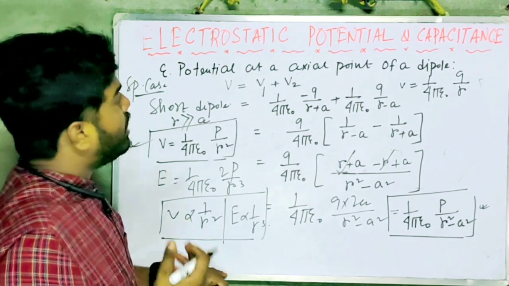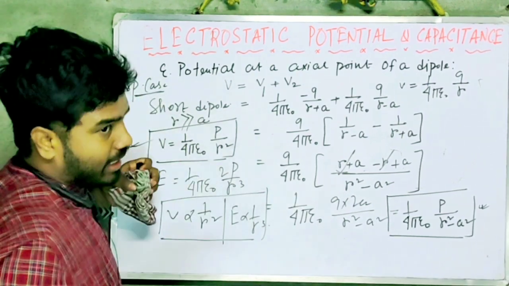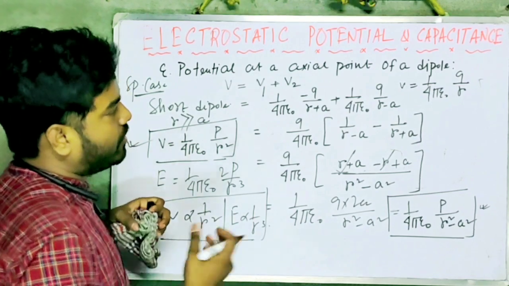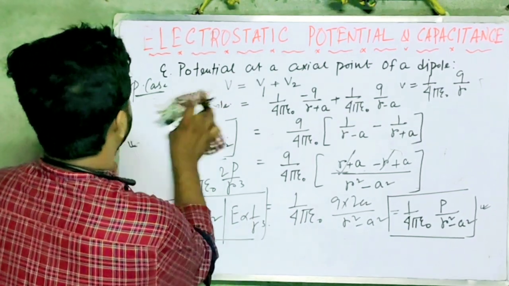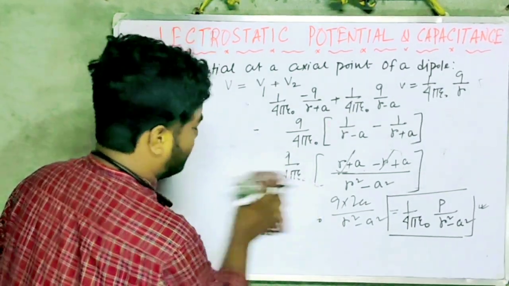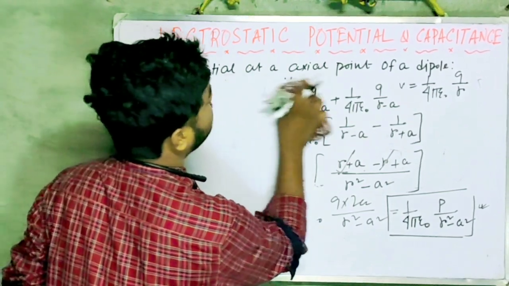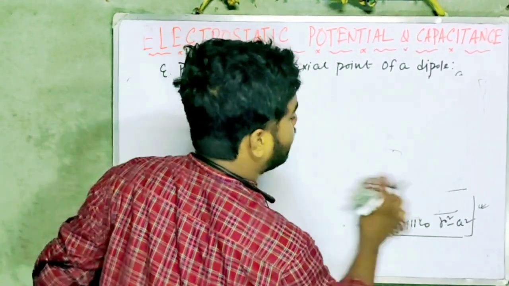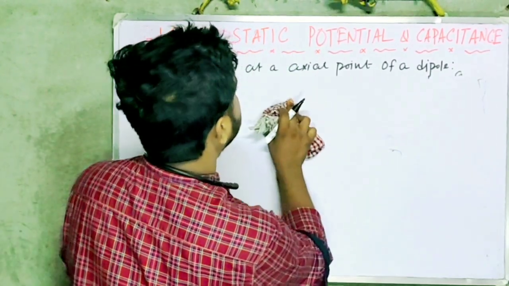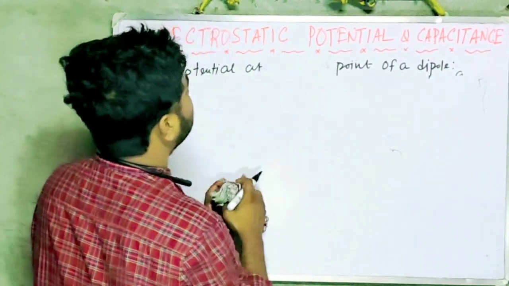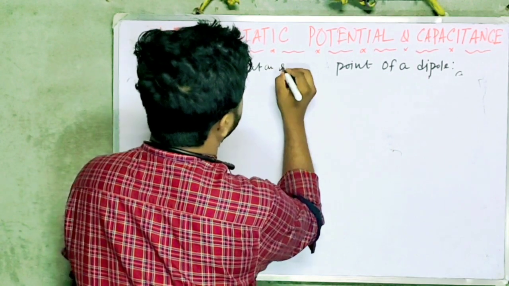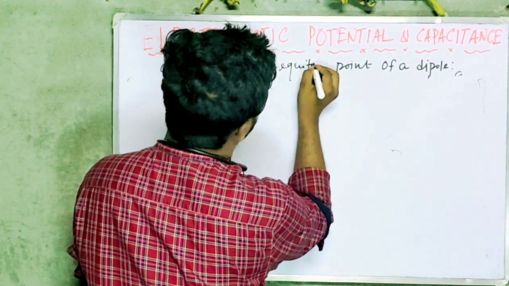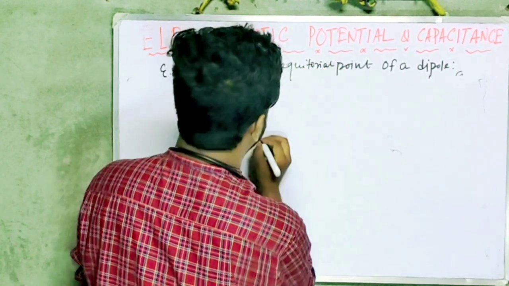Now we have to calculate electric potential at an equatorial point of a dipole. So our second case, we have to calculate electric potential at an equatorial point.